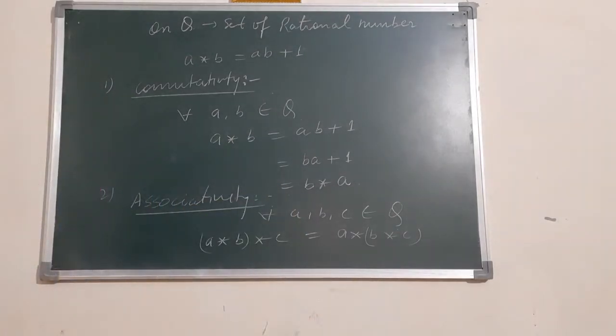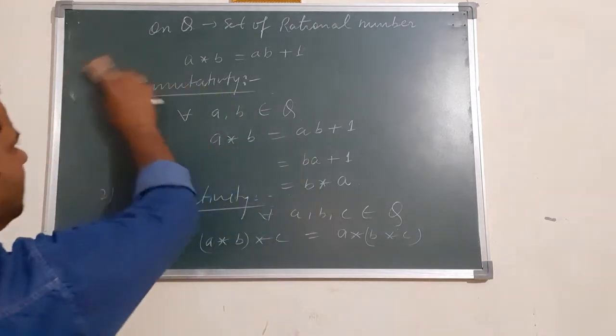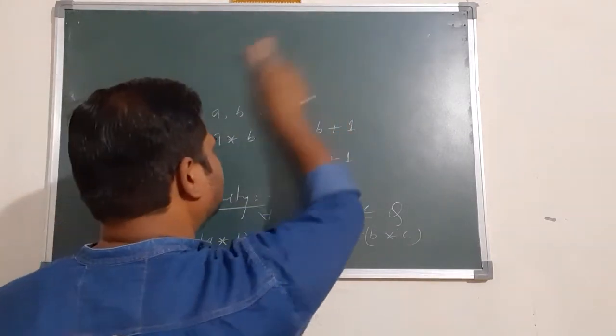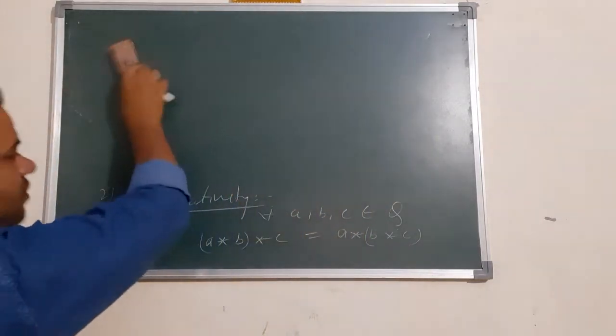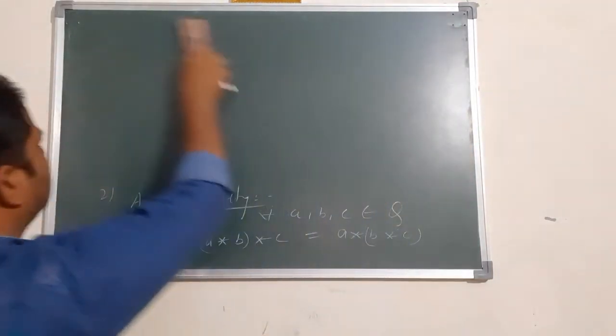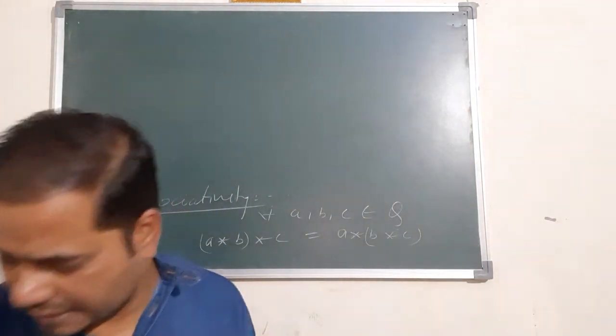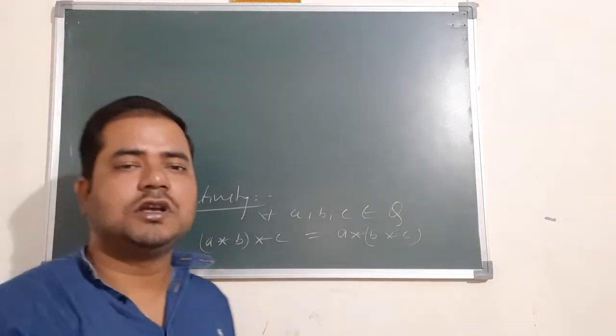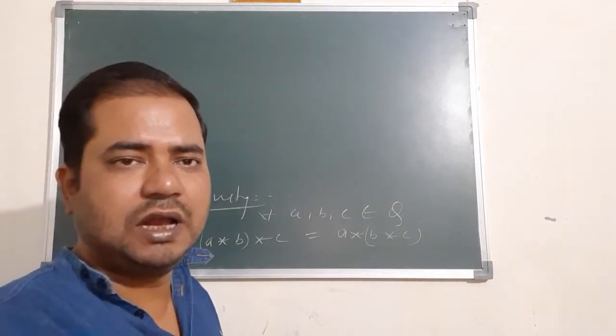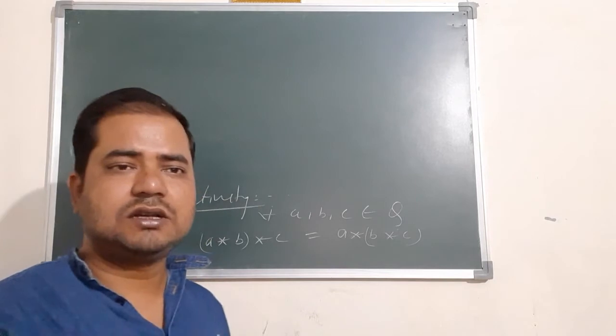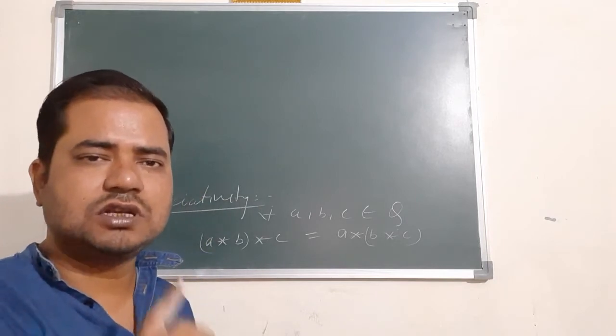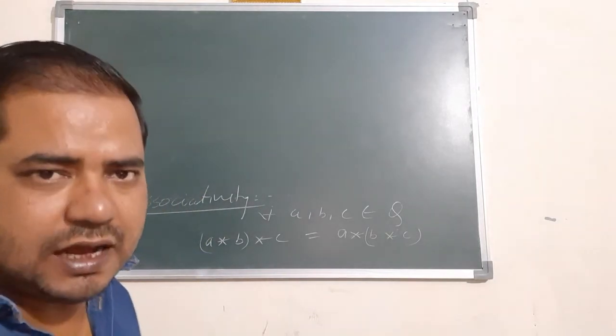I'm just going to erase the upper one. I'm always telling you, whenever you want to note the contents on the board, you must pause the video, because this is a recorded video lecture, so you will get the time to note it down.